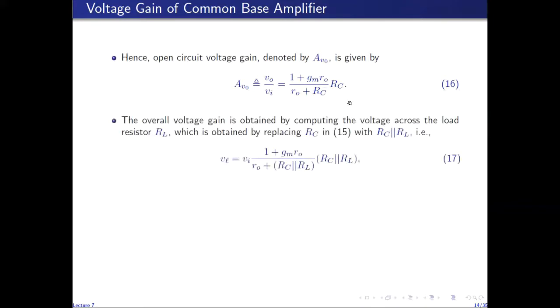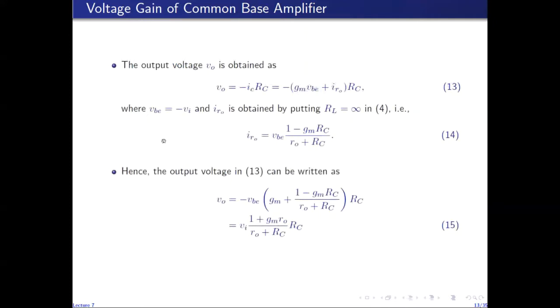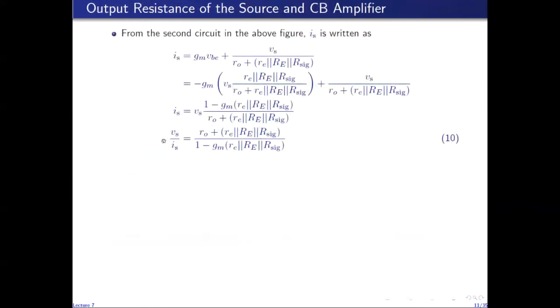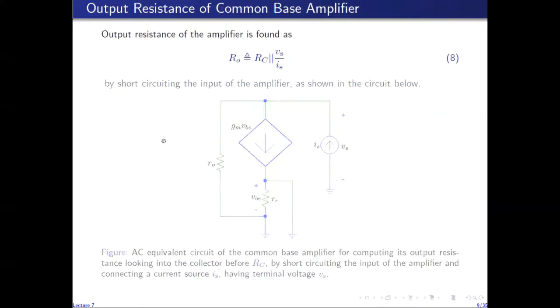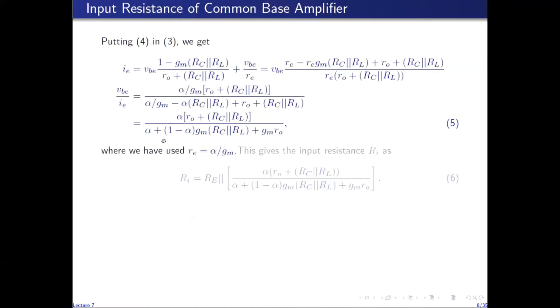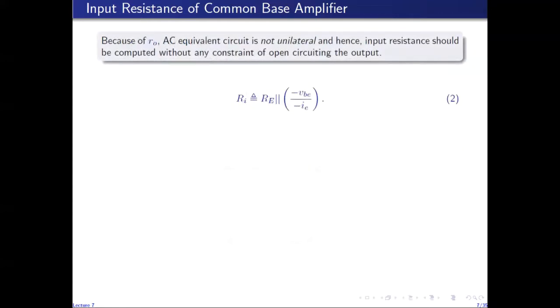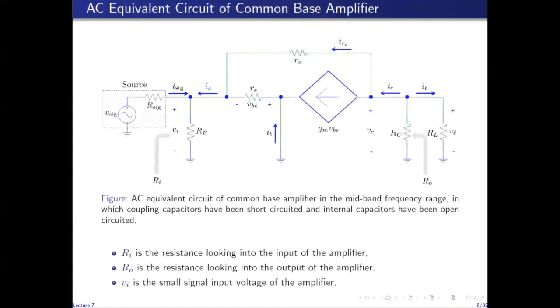The overall voltage gain of common base amplifier is obtained by computing the voltage across the load resistor RL. So now let me go back to the actual circuit, the AC equivalent circuit of common base amplifier. So the overall voltage gain is the ratio of the voltage across the load resistor, which is VL, to V sig.